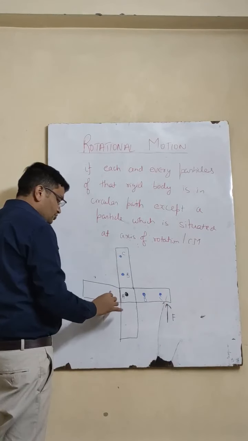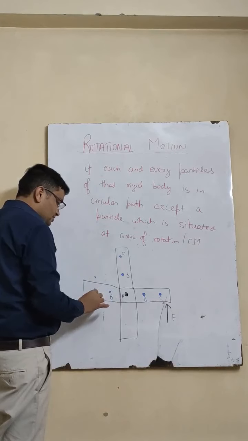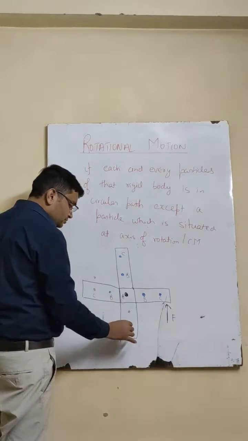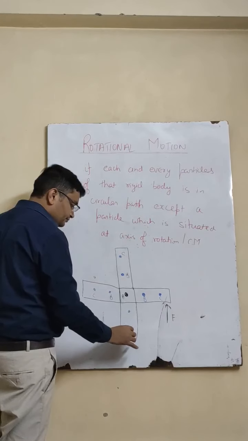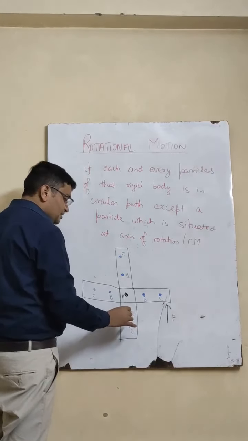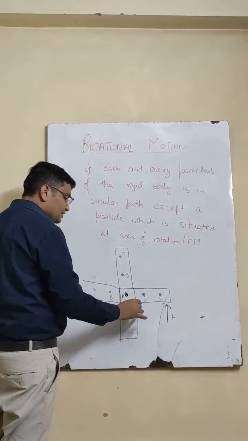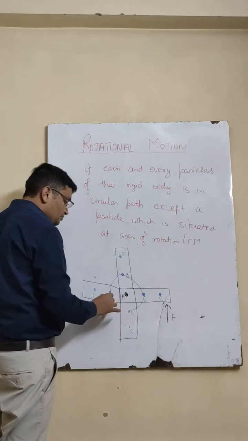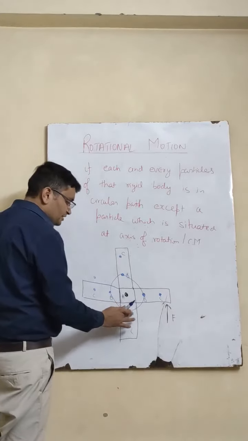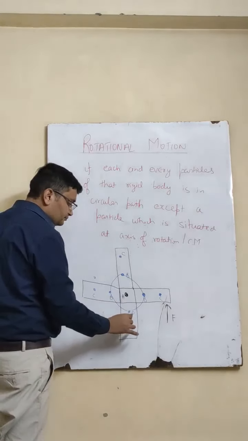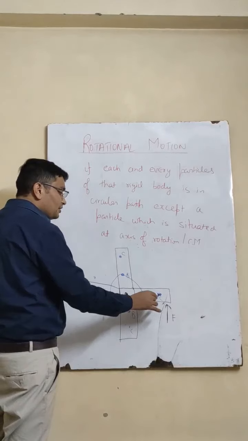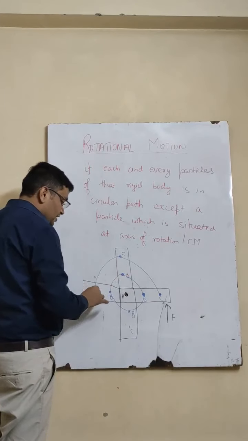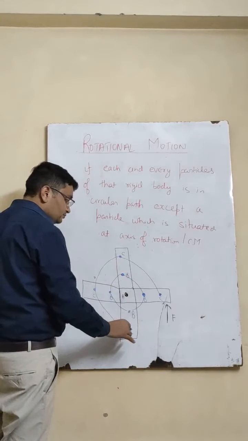Again the positions of B and C are like this, and again B and C are here. Now just like the previous one, when I join the path followed by B, I observe that this is a circular path. And again when I join the path followed by C, it is also a circular path.